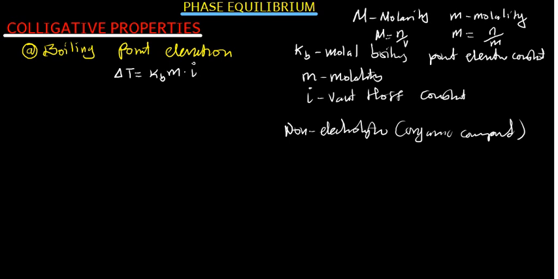So for non-electrolytes, the Van 't Hoff constant is equal to 1 because they do not dissociate. But for substances which form ions, for example, sodium chloride, if this dissociates, it forms sodium plus and chloride minus. So we have got two ions here. So the Van 't Hoff constant is going to be equal to 2.